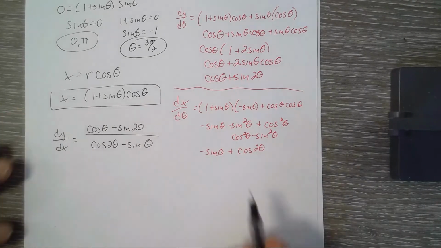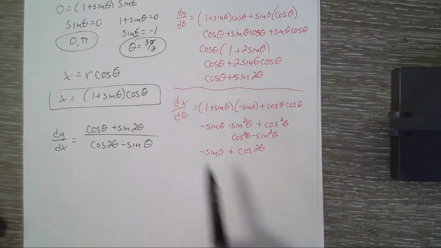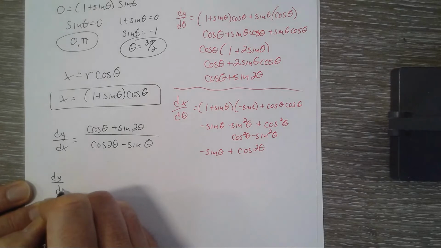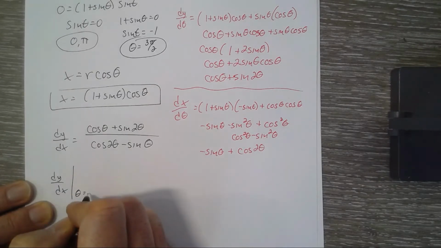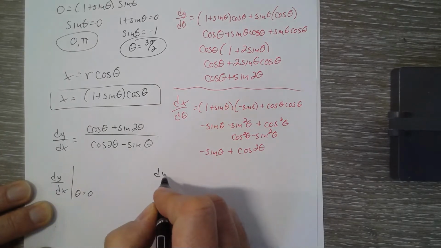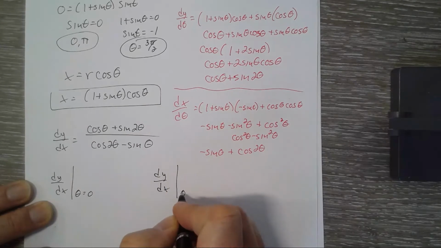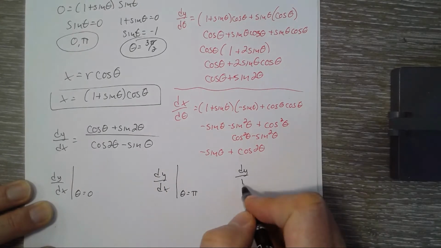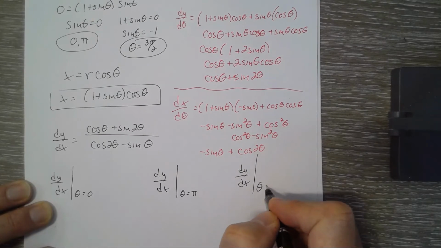So we can find our slope: dy/dx at theta equals 0, dy/dx at theta equals pi, and dy/dx at theta equals 3 pi over 2.